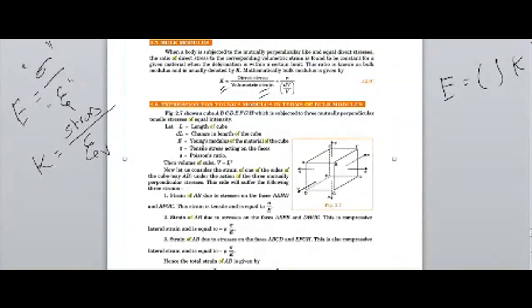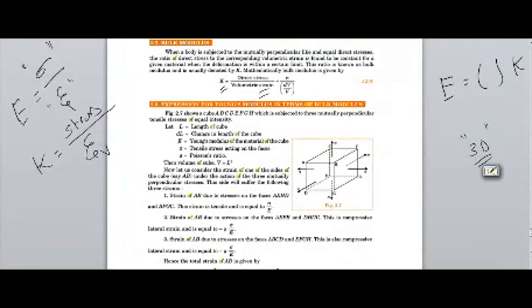So bulk modulus is nothing but stress by volumetric strain. Previously we have discussed that bulk modulus is an elastic constant applied in three-dimensional view.